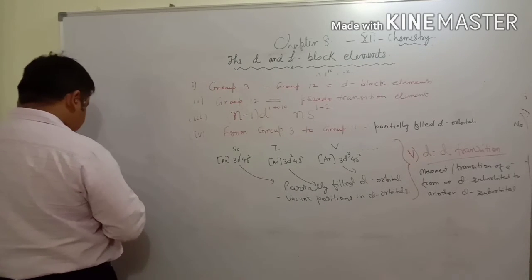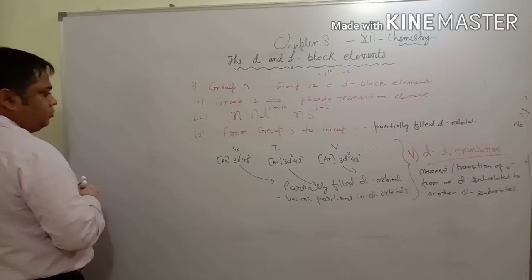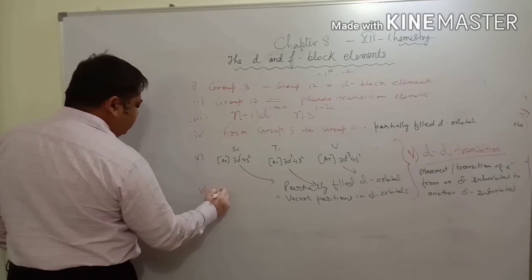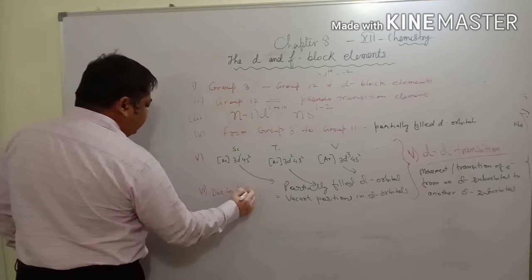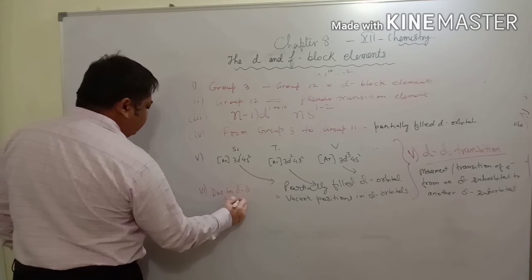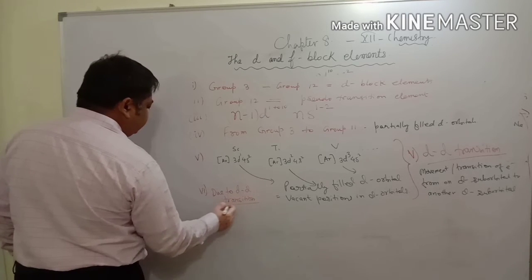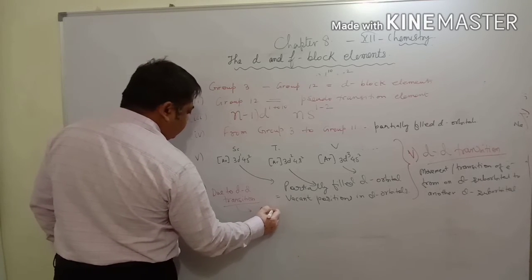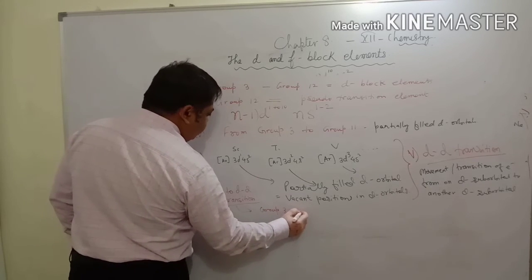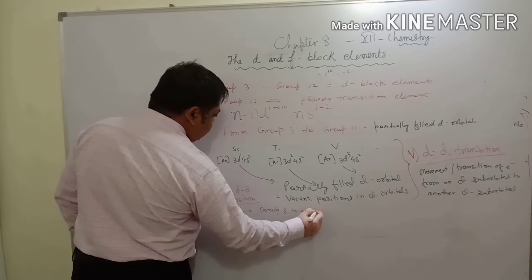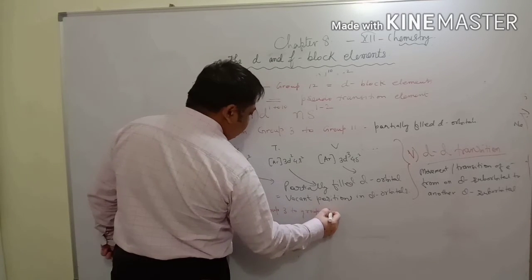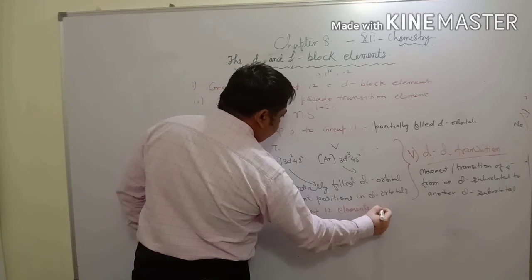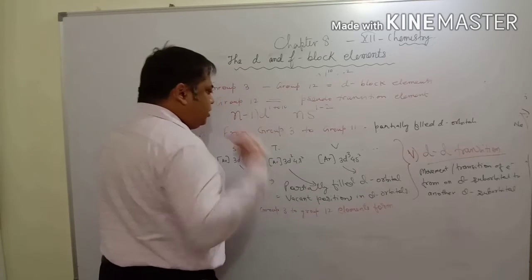Next, due to d transition, group 3 to group 12 elements form colored salts.